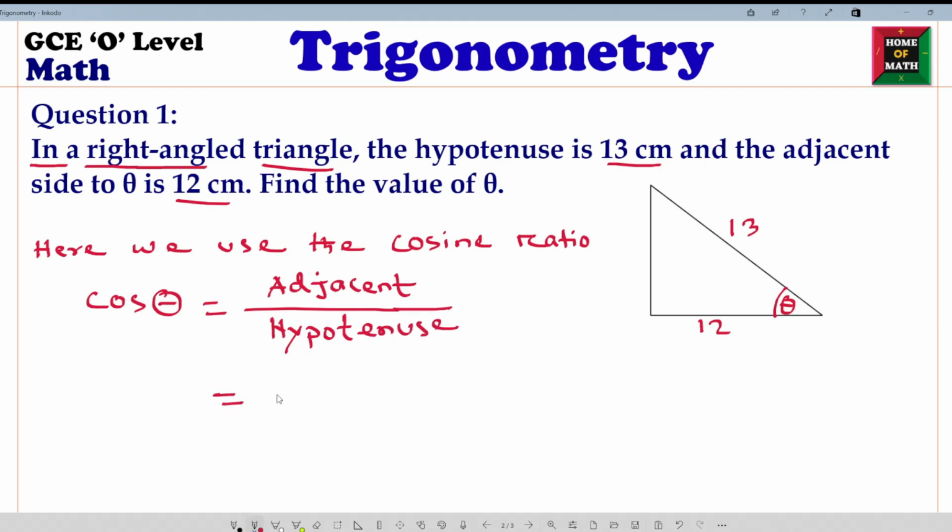And look, this value is 12 and the hypotenuse value is 13. So cos theta equals 12 by 13.